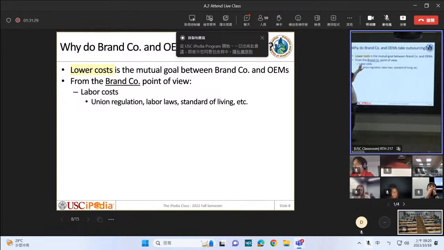Now, why is this a problem? Because mostly the brand companies are in the developed regions, and their labor costs are much higher. Certainly, this is because the society has a much higher living standard. One of the reasons, particularly in the US, is the union, okay?